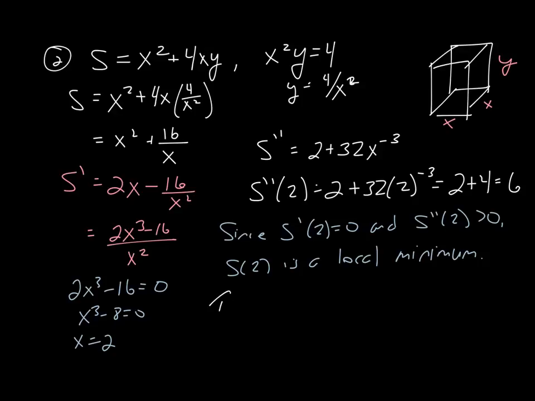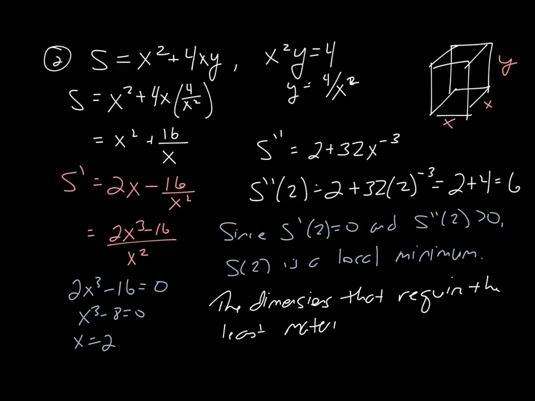So now we'll write our answer, the dimensions that require the least material are x should be equal to 2 feet. And if we come back here, if x is equal to 2 feet, then y must be equal to 1 foot. And that's it for number 2.